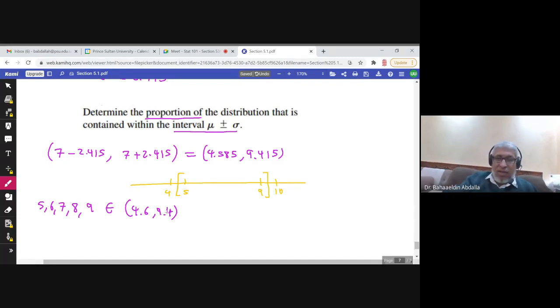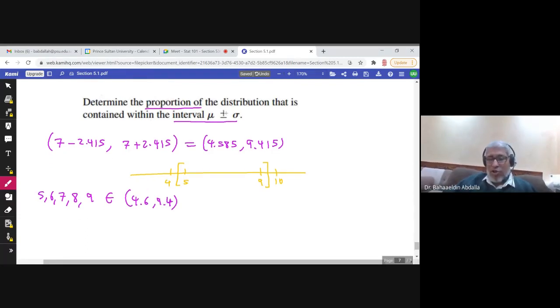Okay, so the question, determine the proportion.